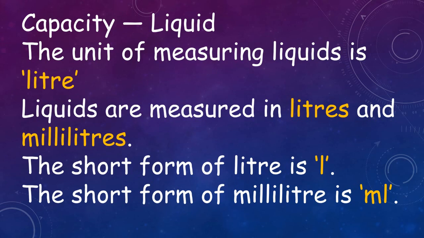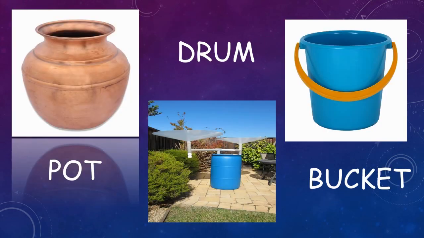The short form of milliliter is small ml. The amount of liquid that is needed to fill any container, such as a pot, a bucket, a drum, is called the capacity of the container.